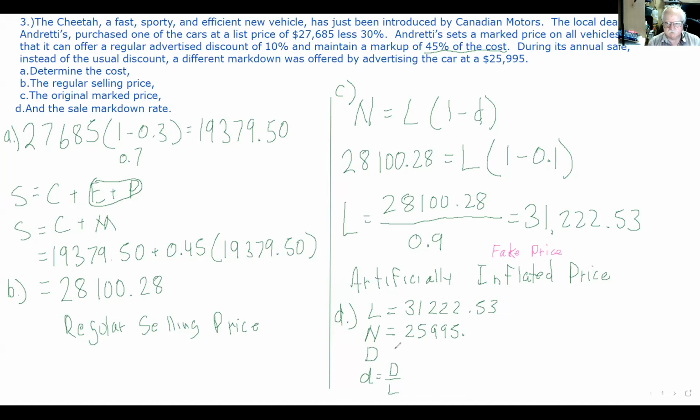And so the discount is the difference between these two, which we have to calculate. 31,222.53 minus 25,995. So the dollar value of the discount is 5,227.53.